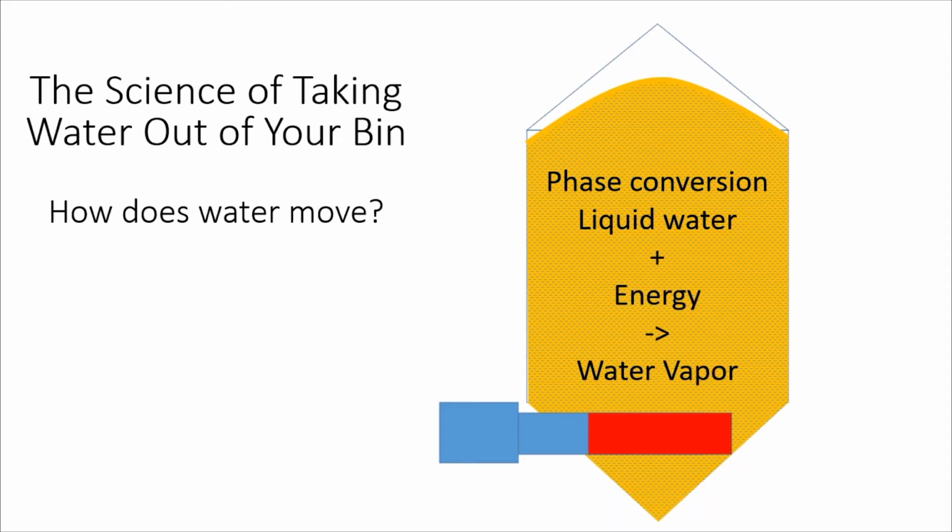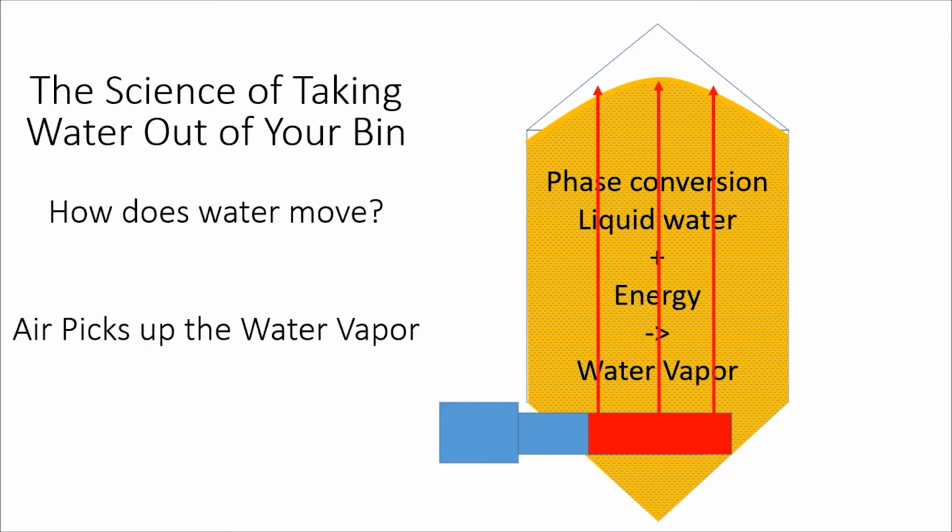You have to add energy to convert that liquid water to a vapor, and it is very simple science, and it's very repeatable and consistent. Once you've converted that water to a vapor, you need to have enough airflow to transport that water out of your bin. And really that is, in a nutshell, the science of removing water from your bin.